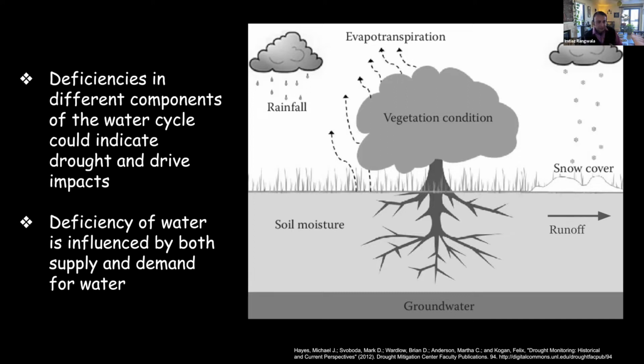Another point we want to really emphasize here is that the deficiency in water is influenced both by the supply and the demand side of water. If you look at the graphic here, the supply is coming from rainfall and snowfall through precipitation, and you're losing water from the system through evapotranspiration, runoff mechanisms, and percolation into deep groundwater.